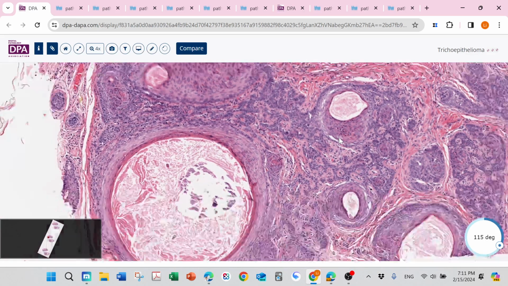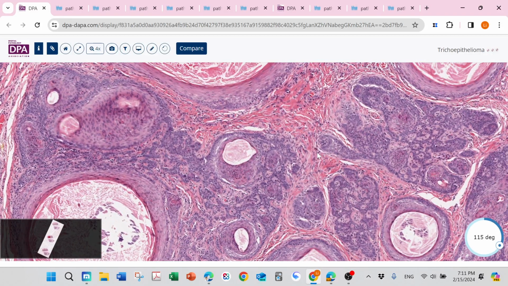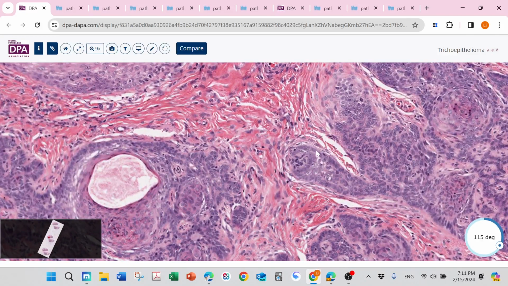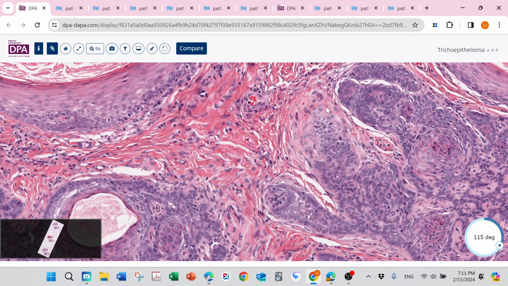And then there is a classic feature why we are sure this is trichoepithelioma, because we have this kind of structure, basaloid cells surrounded by spindly, fibroblast-like mesenchymal cells. We call this the papillary mesenchymal body.